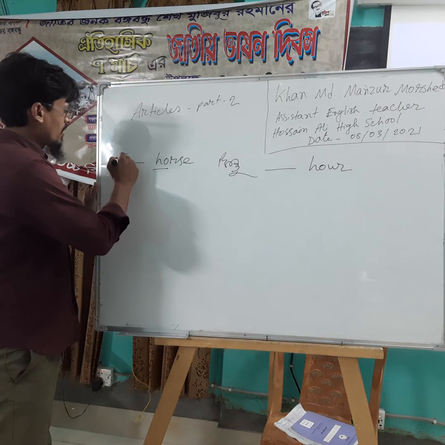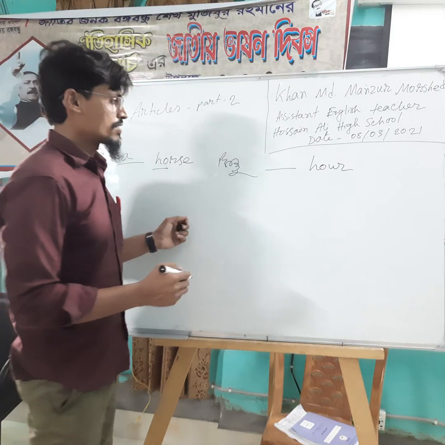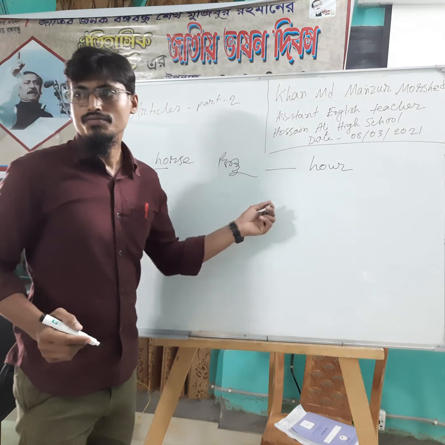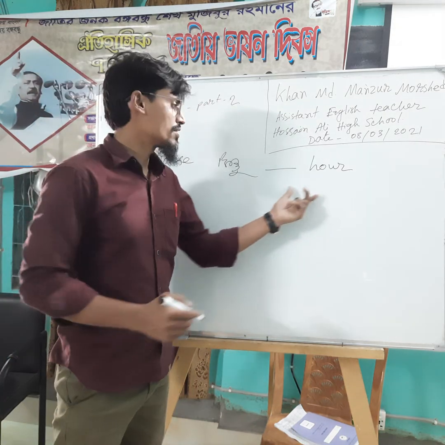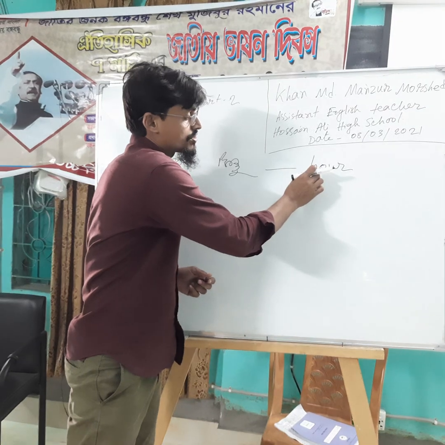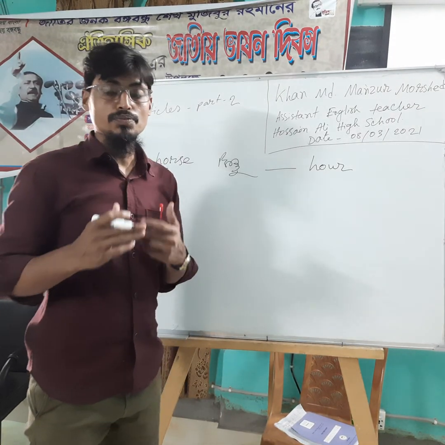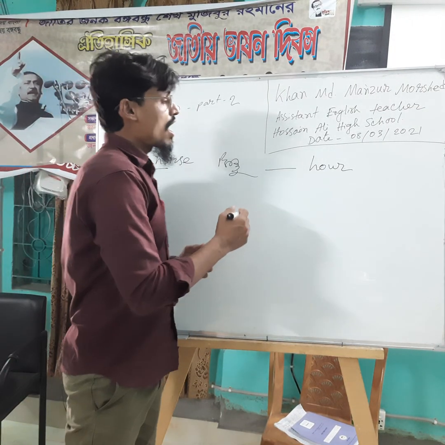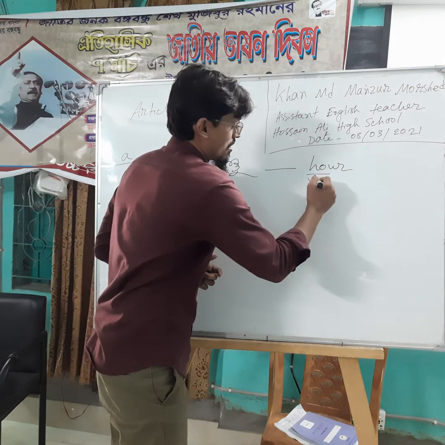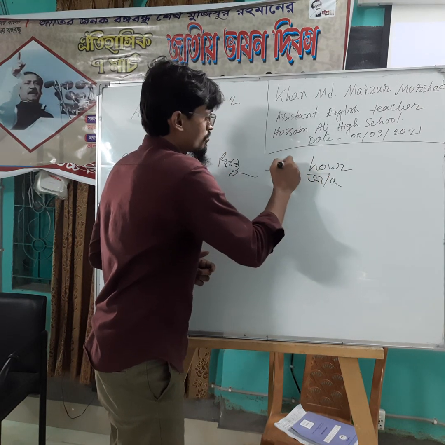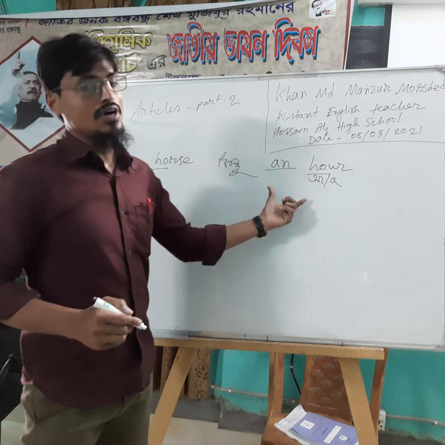We use A before horse, but we cannot use A before hour, because though H is a consonant, when we pronounce it sounds like hour. That means A. A means A, so we have to put N before hour.